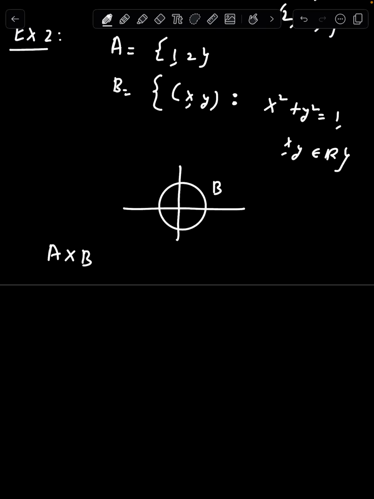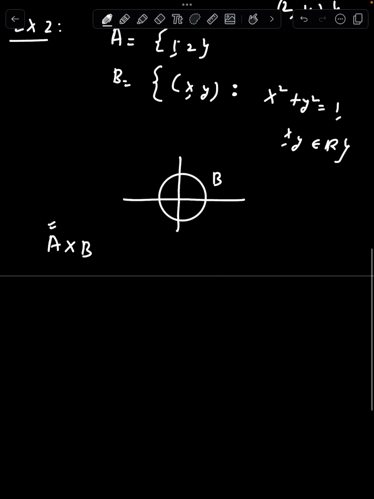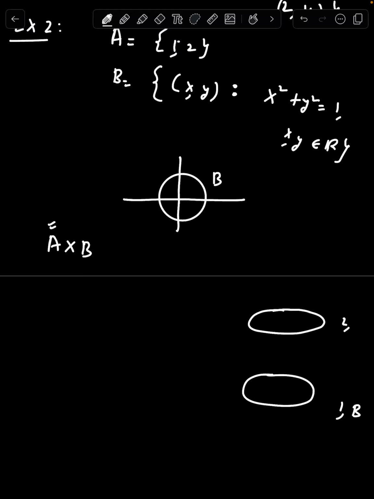First element has to come from A, that is 1, and second element has to come from B. So basically we are getting this. This one represents (1, B) and this one represents (2, B). So this is your geometric representation of A cross B in this case.